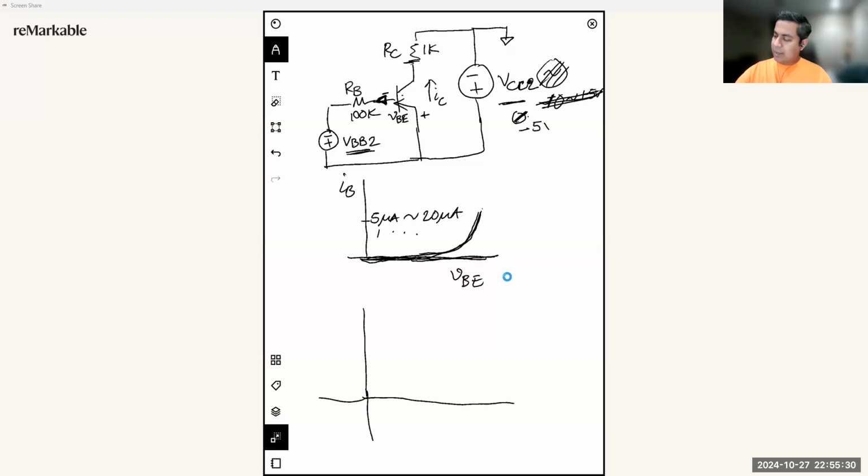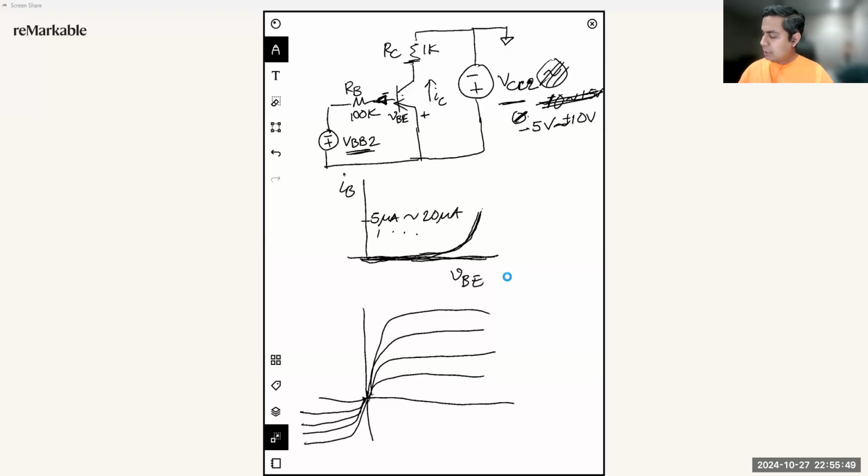Let's do minus 5 to positive 10, just similar to NPN, so that we will get similar kinds of plots over here. And in the reverse direction, we will get a similar kind of plot. So this is our IC versus VEC.